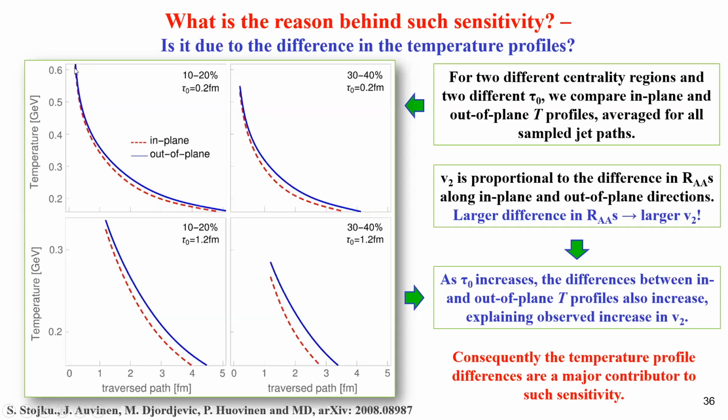If you fix this profile and move from 0.2 to 0.4 to 0.6 and so on, your in-plane RAA and out-of-plane RAA will move in the same direction. So once you subtract them, their difference is going to be the same, and v2 remains the same.